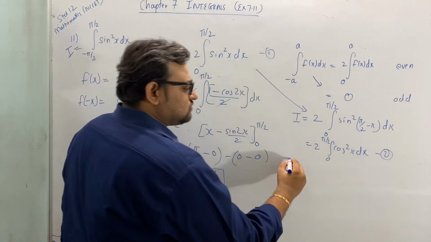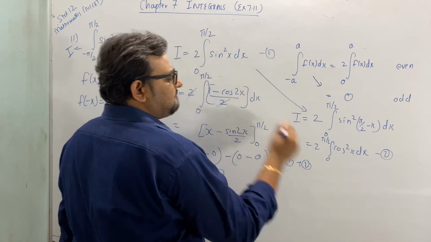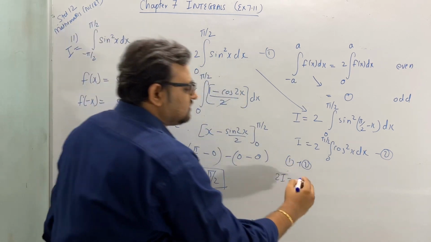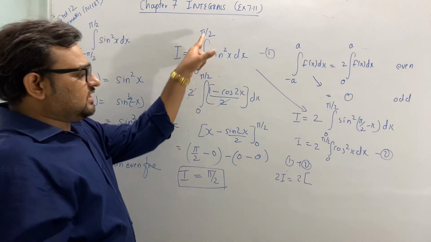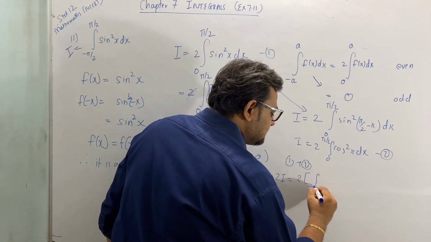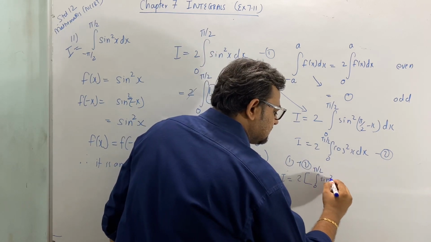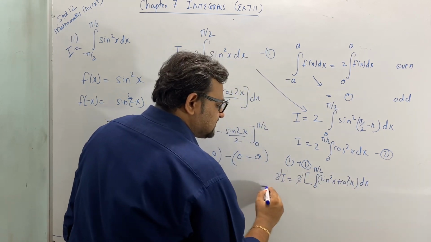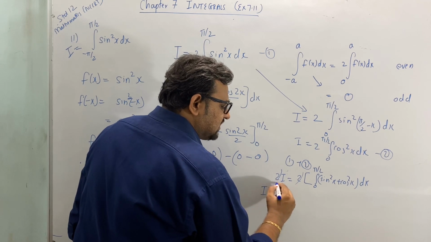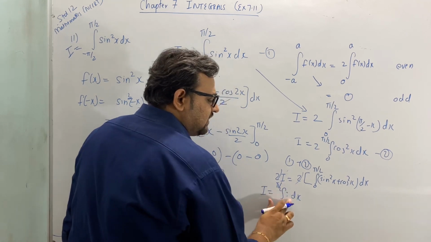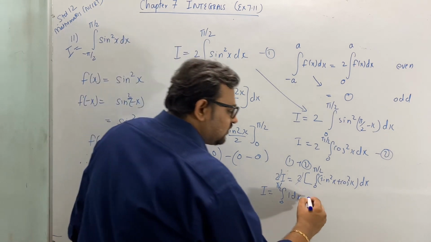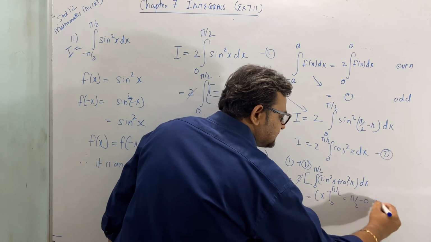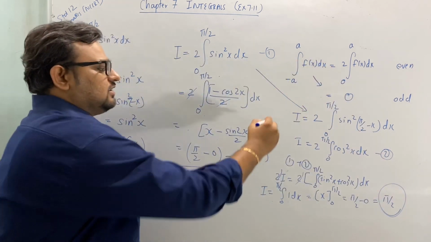So 1 plus 2: I plus I, 2I, with 2 common in both. So the integral from 0 to pi by 2 of (sine square x plus cos square x) dx. The 2 gets cancelled. I equals, what is sine square x plus cos square x? 1. So the integration of 1 is x. So pi by 2 minus 0, this is equal to pi by 2.